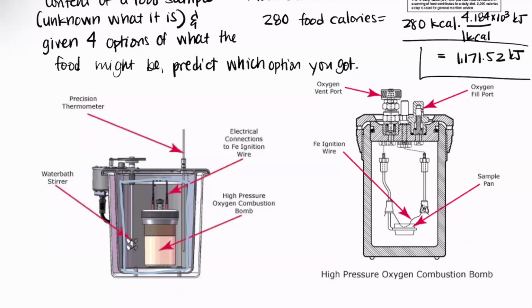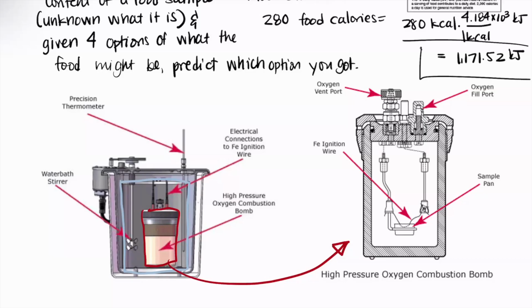The bomb itself is here, and this is a cross-sectional view of it. It's a high-pressure oxygen combustion bomb. If anyone's ever used an Instant Pot or a pressure cooker, it's essentially that, but we're passing electrodes into it so we can combust the food sample inside.